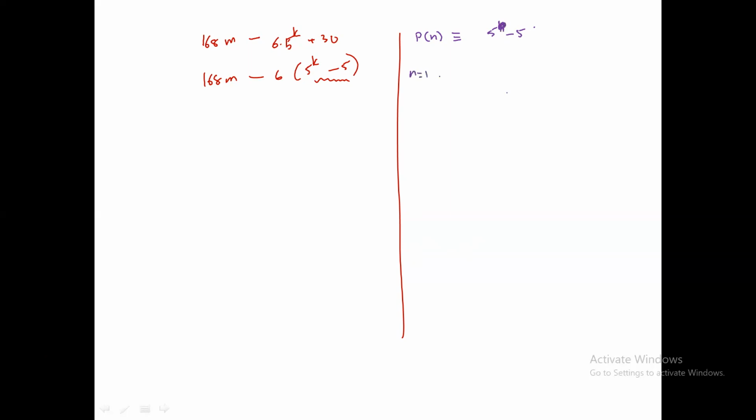For n equal to 1, P of 1 I can write 5 power 1 minus 5. That is 0. For n equal to 2, I will write P of 2 is 5 power 2 minus 5. That is 25 minus 5. That is 20.